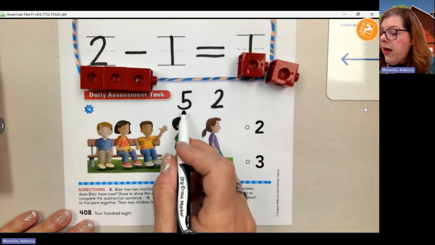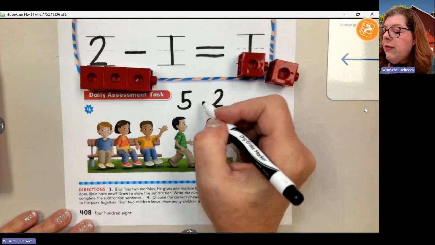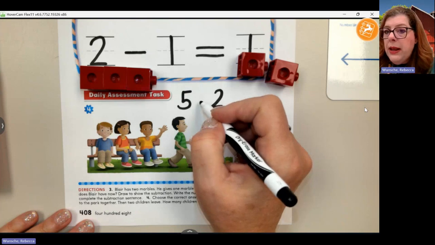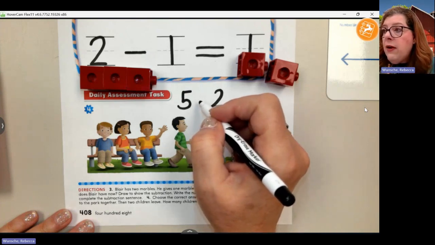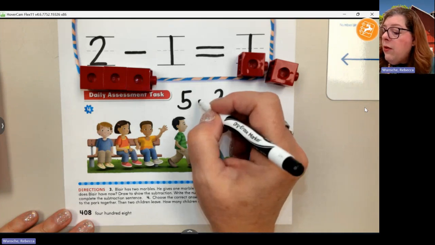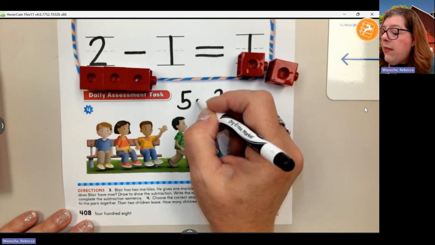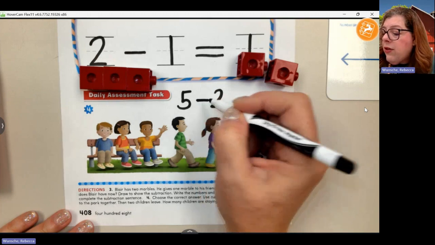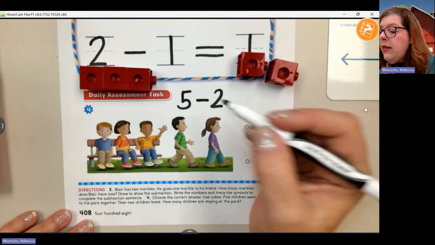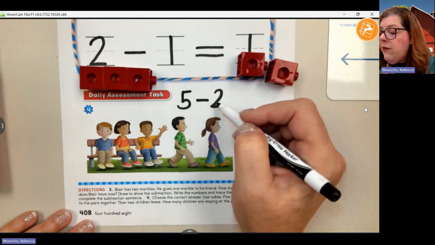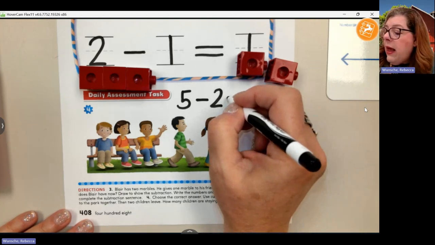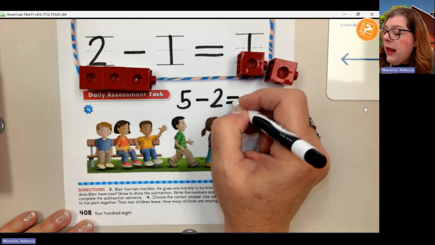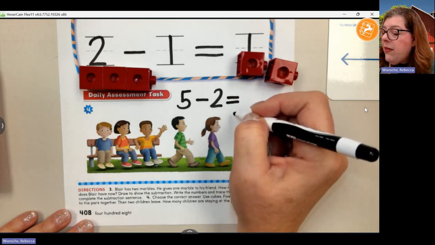Well, let's figure that out. If I started with 5 and 2 went away, let's think about the symbol we want to put in here. When my friends are going away, they're leaving, they're separating from me. So they're separating from me, and that gets a subtraction sign, a minus sign. So I had my 5 friends, my 2 friends separated or went away from me, and then I'm going to put my equal sign so that I can complete my math sentence.